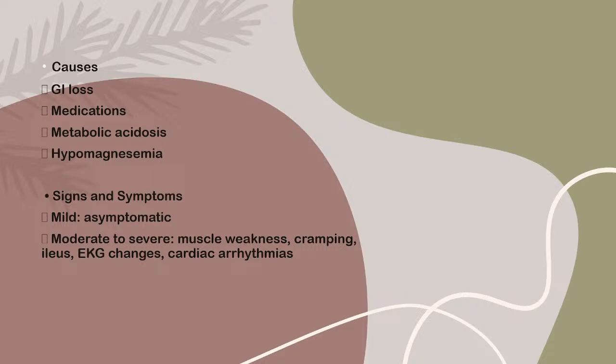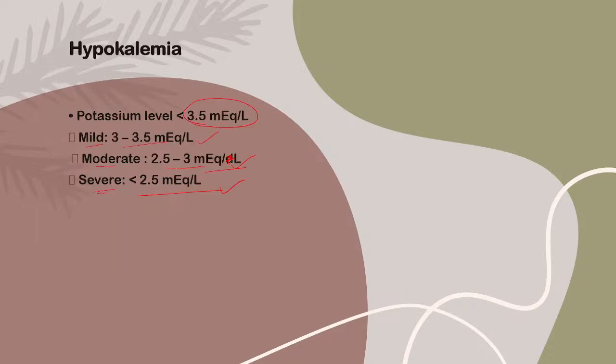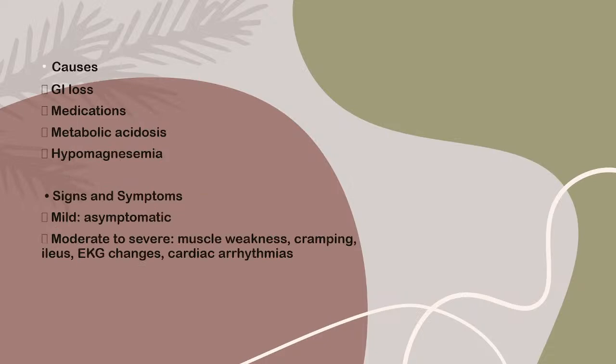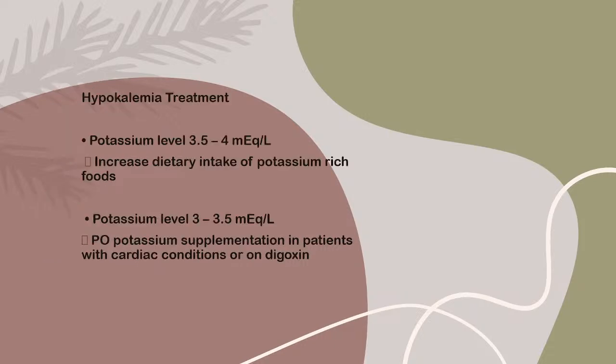Then metabolic acidosis, and hypomagnesemia. Signs and symptoms: in mild hypokalemia it would be asymptomatic, but in moderate to severe there would be severe muscle weakness, cramping and ileus. Then ECG changes and cardiac arrhythmias would be there, and if untreated it may be life threatening, because there would be fatal cardiac arrhythmias like ventricular fibrillation or ventricular tachycardia.